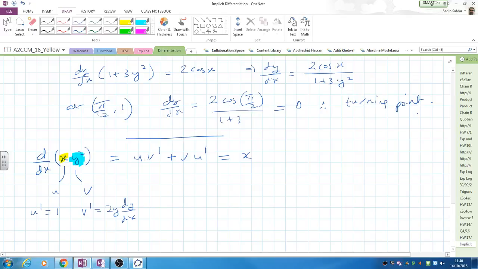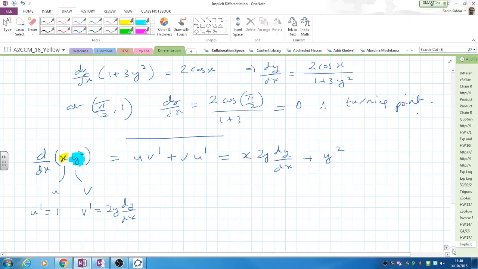Therefore u v prime would just be x times v prime, which will be 2y dy over dx, plus v, which is y squared, times u prime, which is just 1. And therefore we've differentiated this using the product rule, like so. Is that okay?